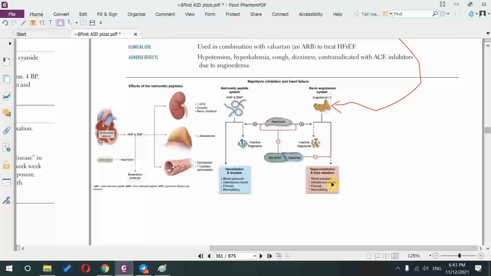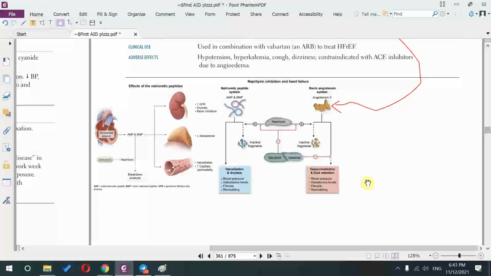More angiotensin 2 will give you more aldosterone. If you have more aldosterone, what will happen to your potassium level? It will decrease. Hyperaldosteronism leads to hypokalemia because there will be excessive excretion of the potassium.